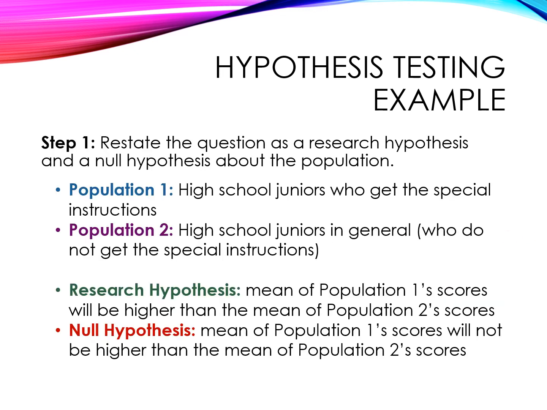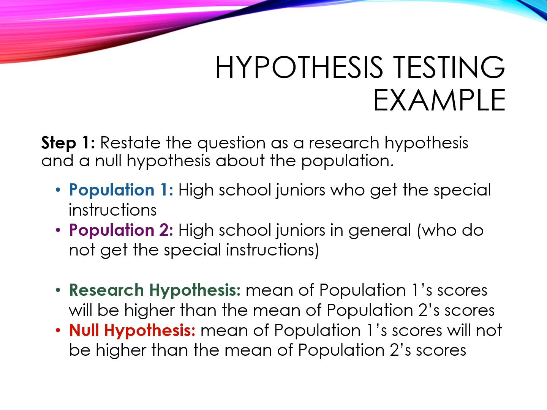Now, step one for hypothesis testing, we need to identify our populations, and we need to restate the question as a research hypothesis and a null hypothesis about the populations. So our target population is population 1, high school juniors who get the special instructions. Population 2 are high school juniors in general who do not get the special instructions.